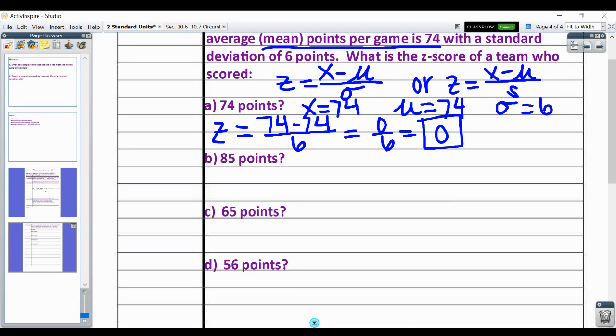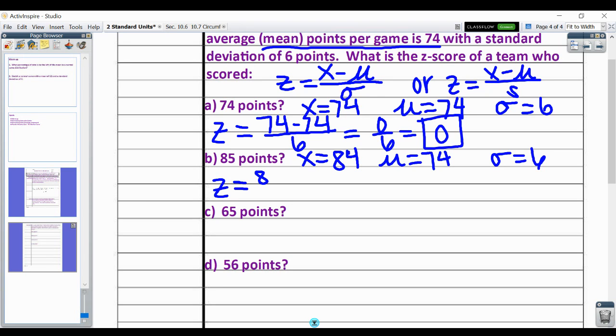Okay, so what about a team with 85 points? You're going to use the formula again and substitute 85 in place of x this time. So x equals 85, mu, or the mean, equals 74, and your standard deviation equals 6.